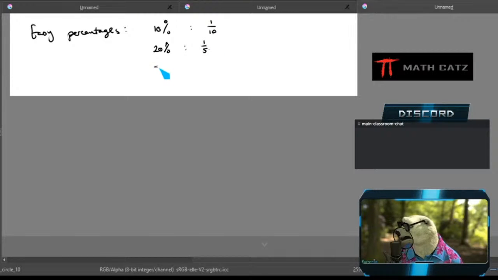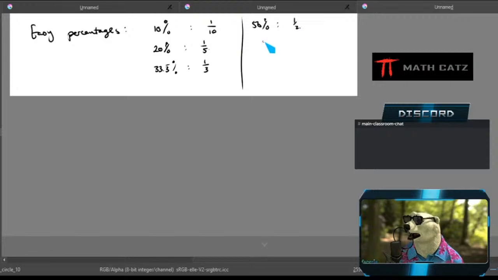Now there are many more. 33.3% would be a third. Of course, we have 50%, which is a half. And then we go to fractions a little larger. Maybe 66.6 repeating would be 2/3, 75%, 3/4, and so on.